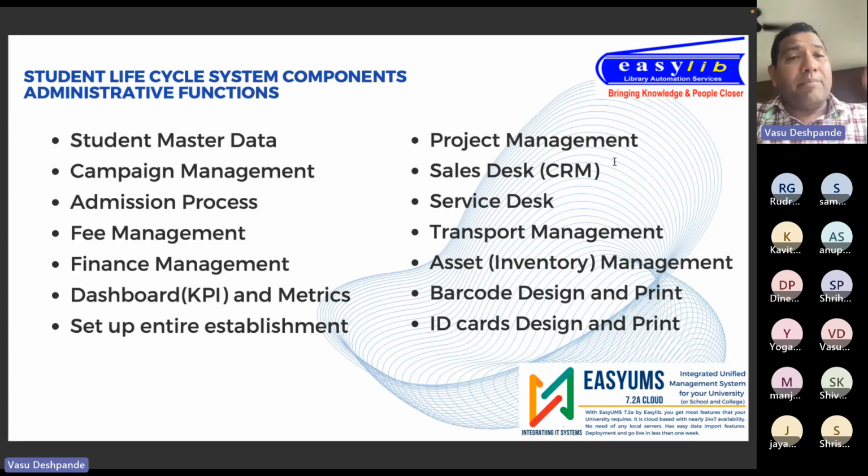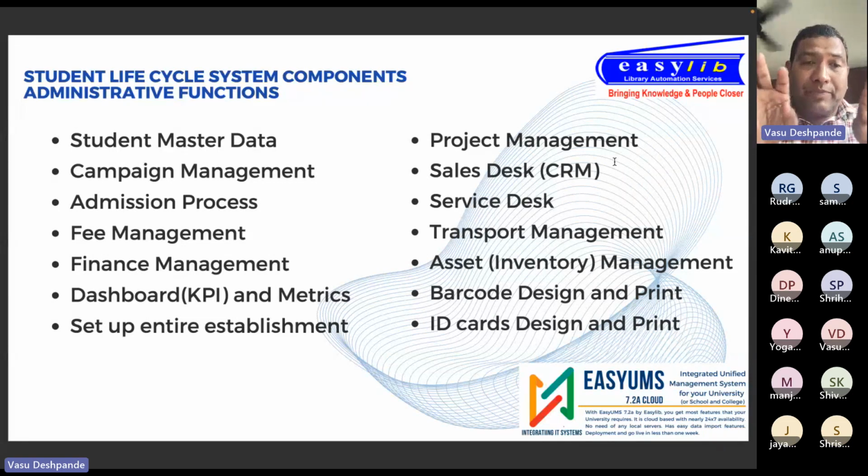It has much more information, starting with the campaigns that you run, the admissions, taking the application forms, evaluating them, granting the admissions, collecting the right amount of fee, sending fee reminders, managing your finances, and getting the correct dashboard of what's going on in your institution.